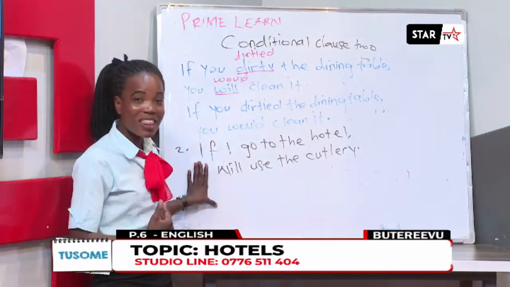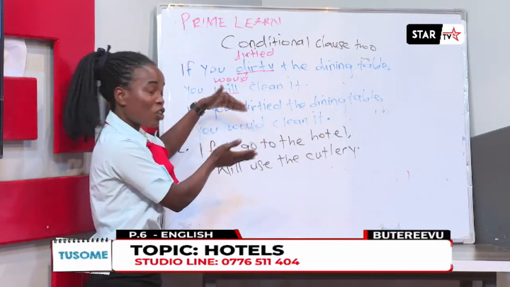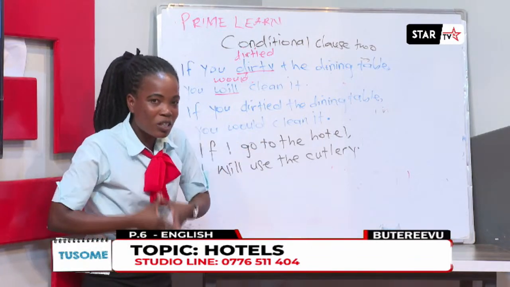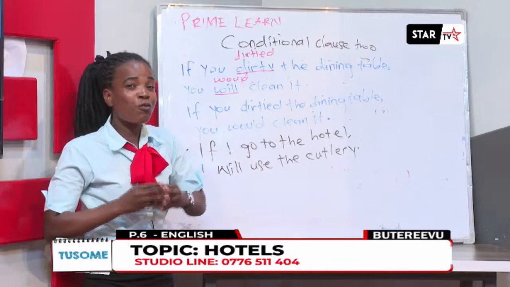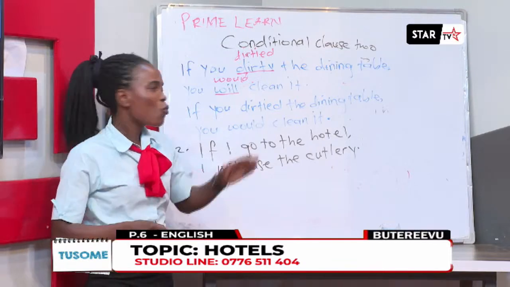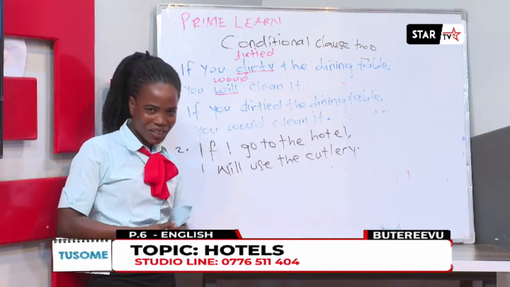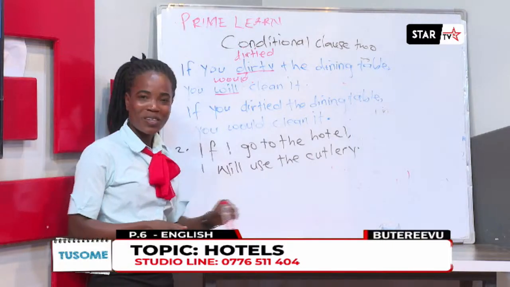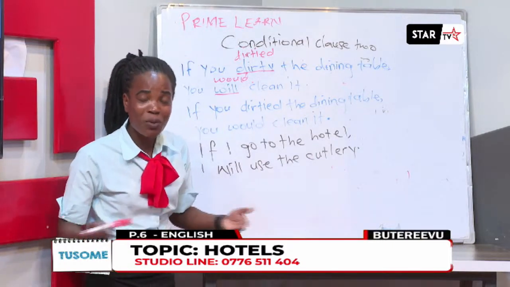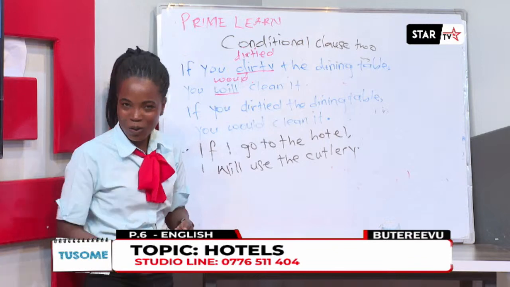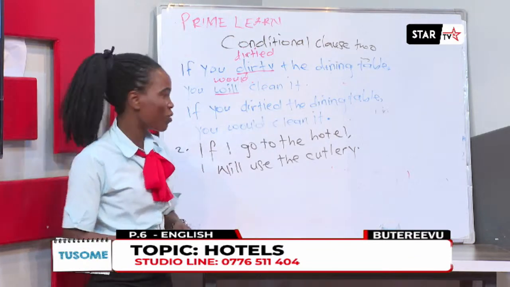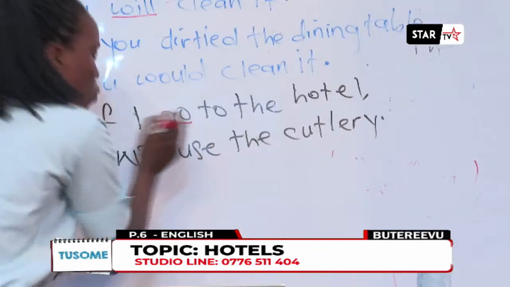Let's continue and we change this sentence from conditional clause 1 to conditional clause 2. We are going to follow the same procedures we followed in the first example, my precious viewer. First and foremost, let's first identify the verb given to us in the if clause. I believe you've already seen that verb. That verb is go.